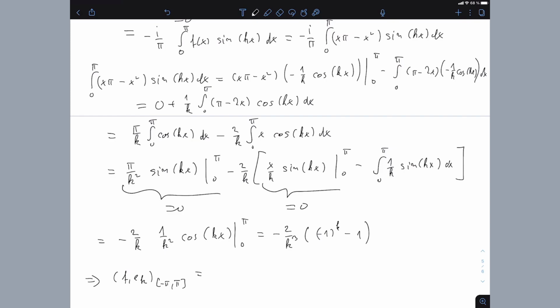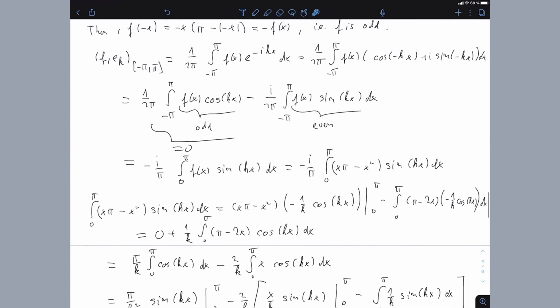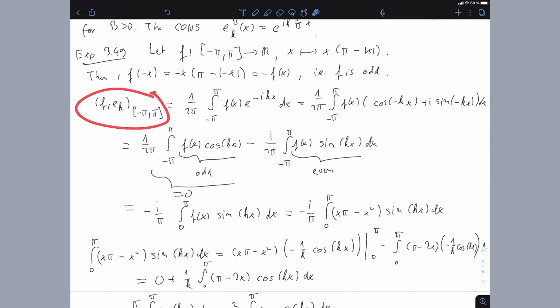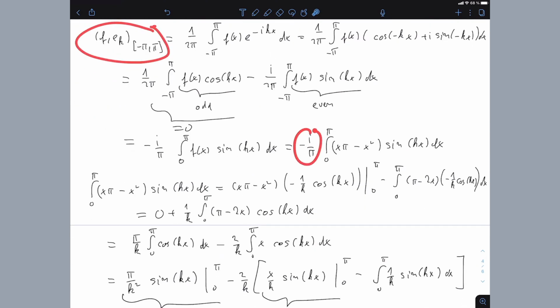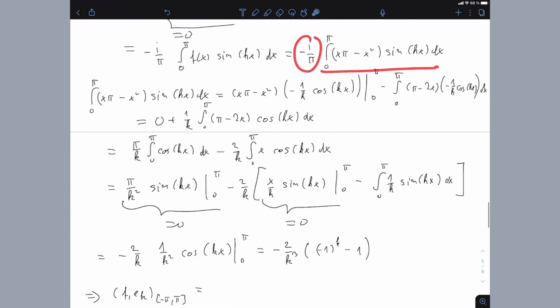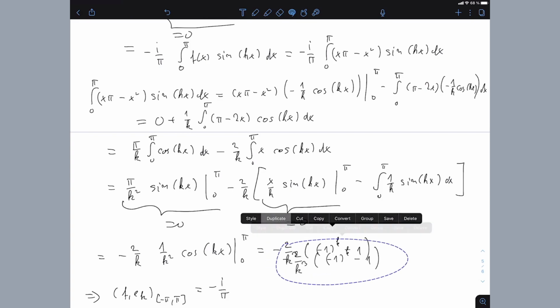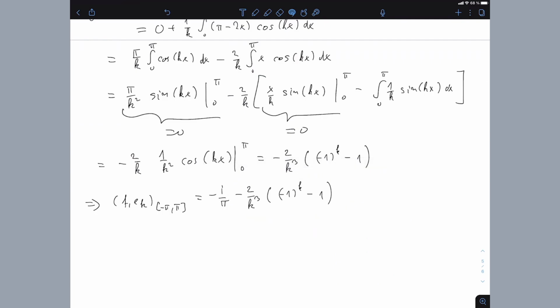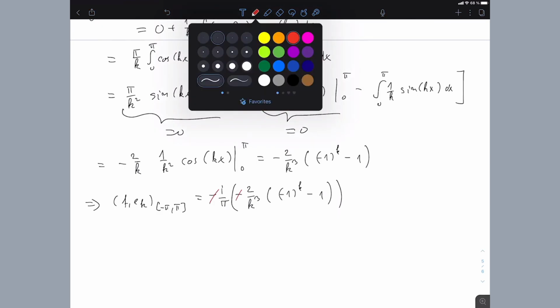We can simply recall that we had minus I over pi times this integral, and the integral we just computed. So I get exactly this, minus I divided by pi times what we got for the integral. And we can see that the minus and minus cancel.